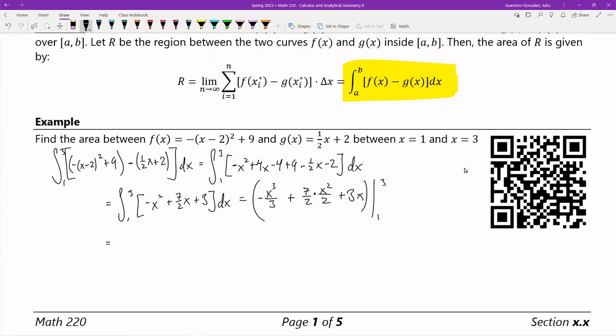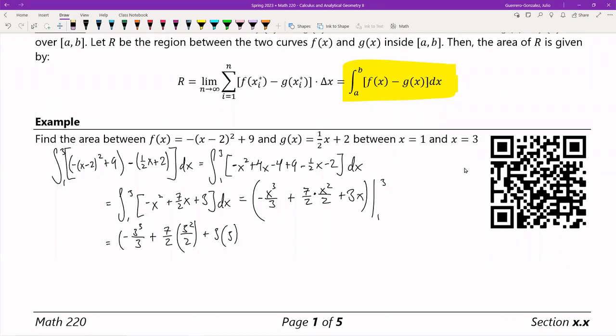So at this point, we go ahead and evaluate from the top one minus the bottom one. So it's going to be negative 3 cubed over 3 plus 7 over 2 times 3 squared over 2 plus 3 times 3, okay, minus, I'm going to close that one off.